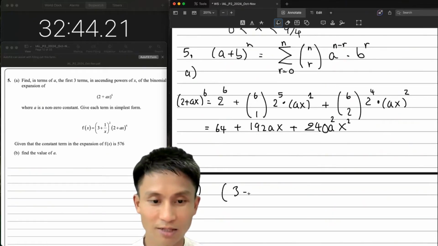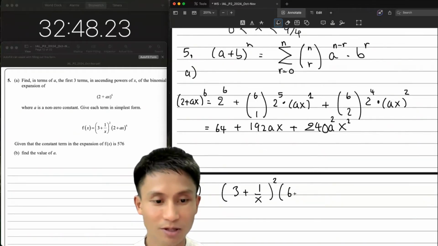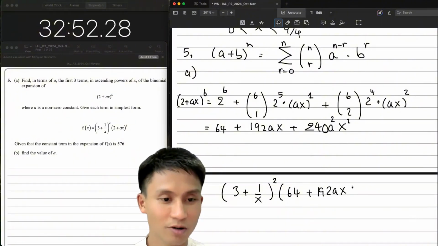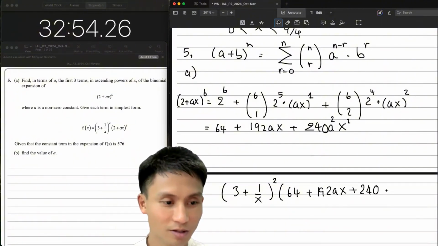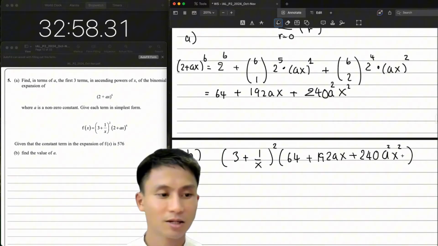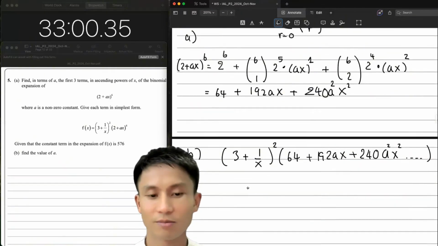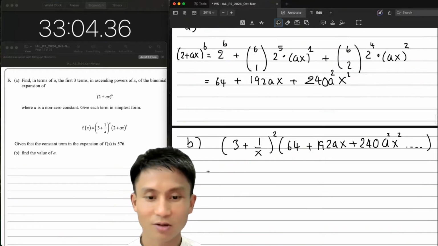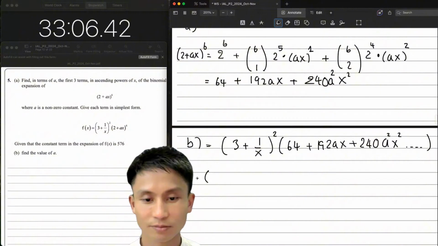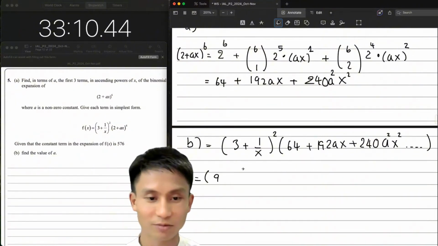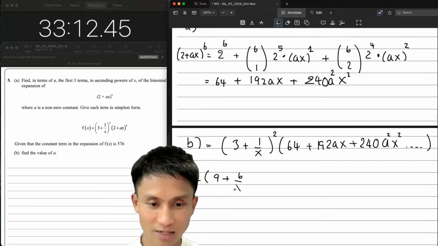I'm just going to multiply just up to that, because we already did up to the third term. So if you square this, what are you going to get? You get 9 for the first term, 2 times 3 times 1 over x, so that's going to be 6 over x.